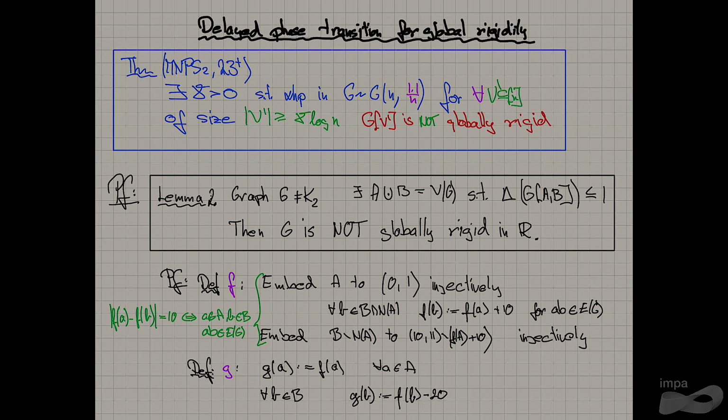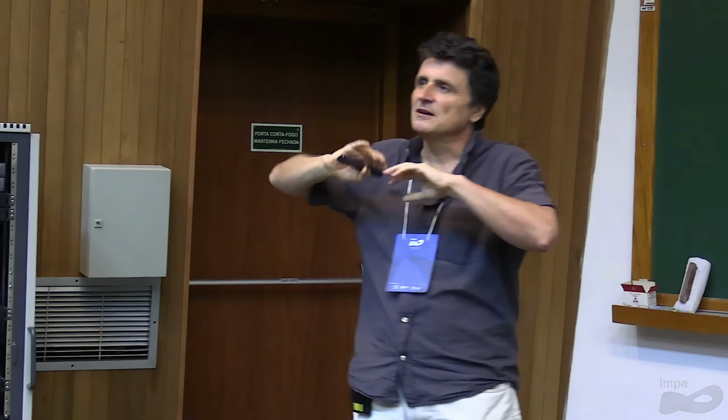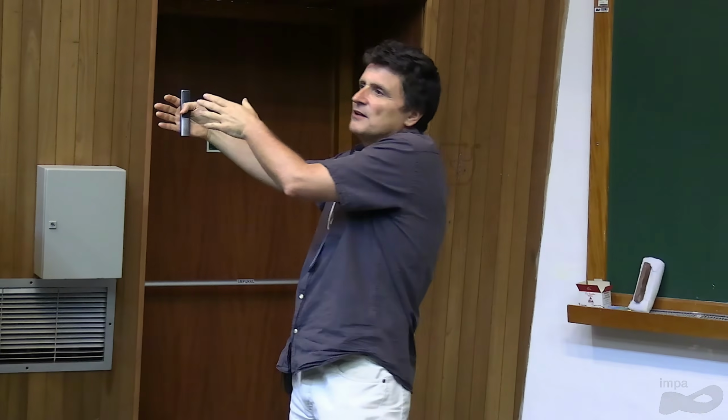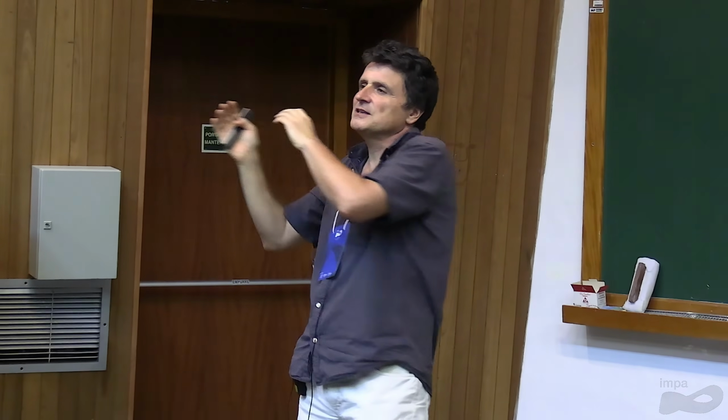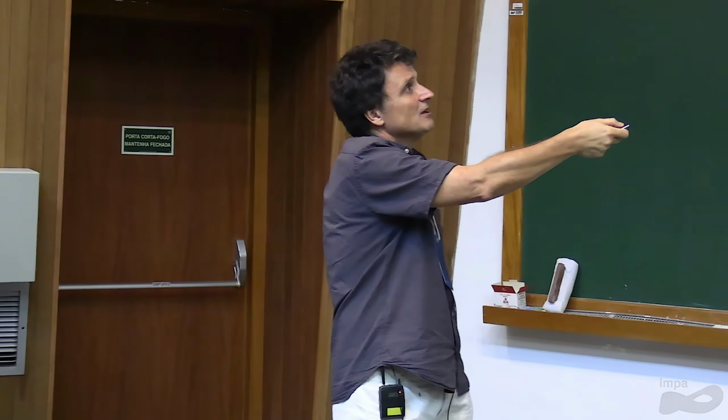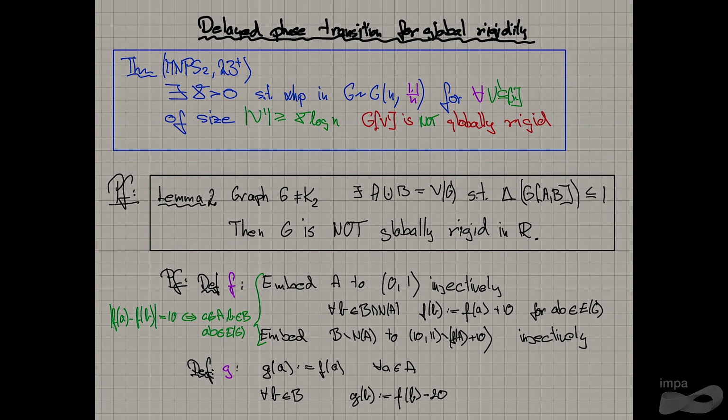And then our combinatorial lemma, which I did not state here, says that if you have a graph which has a partition where between the two partition classes you just have a matching, then it is not globally rigid, because you can embed one part, then embed the other to the right and shift it back to the left, and this gives two embeddings. So if there is just a matching between the two of them, then it's not globally rigid.